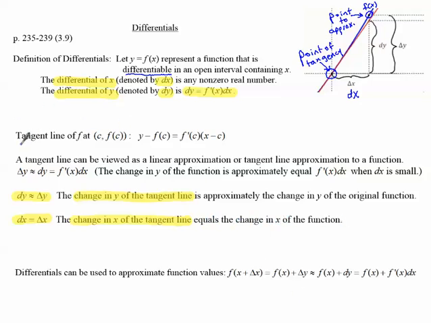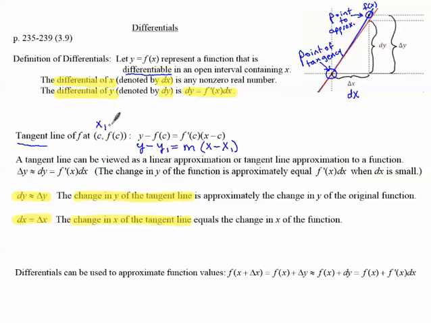So let's remind ourselves how we write the tangent line of a function f at the point c, f of c. Y minus f of c equals f prime of c times the quantity x minus c. You may feel more familiar with y minus y sub 1 equals m times the quantity x minus x sub 1. Well, that's the same.